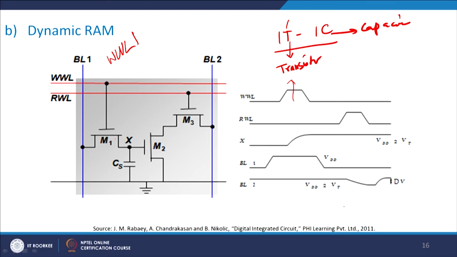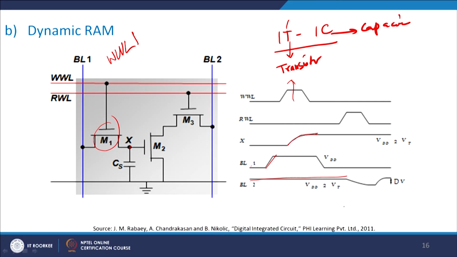M1 is switched on. When M1 switches on, the bit line 1 is high at this stage and bit line 2 is remaining constant, let us suppose, and your RWL, which is the read line, has gone high here. So, when WWL is high, it switches on M1, and therefore, the voltage here starts to rise.